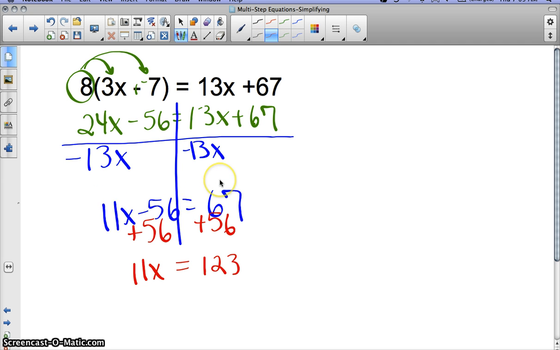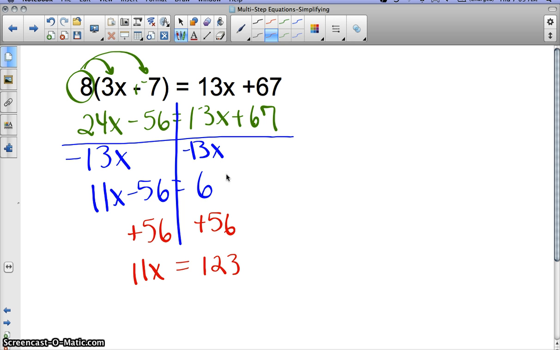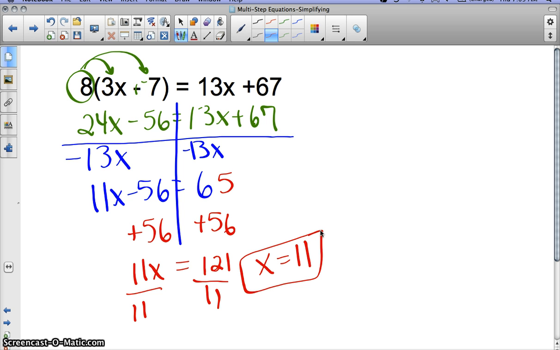Well, we're going to pretend that it was a 65, so this comes out nicely. It's a 121. Divide both sides by 11, and x is equal to 11. I can do that because I'm the teacher. And hopefully when I actually give you the worksheet or you practice online, it comes out nicely and not some ugly decimal.